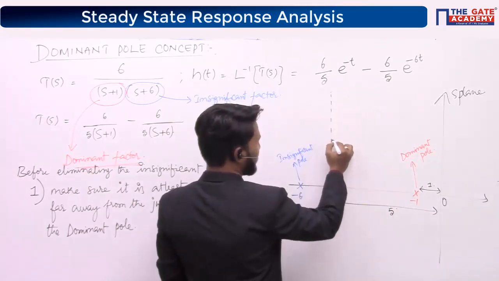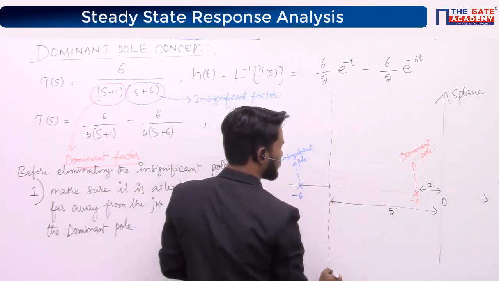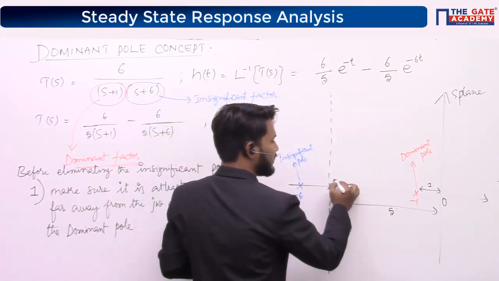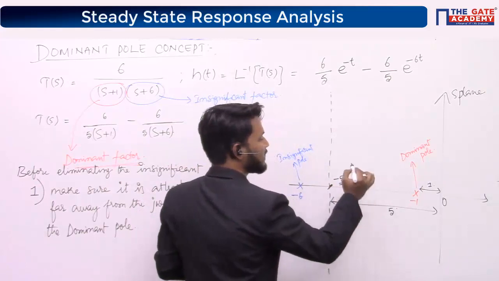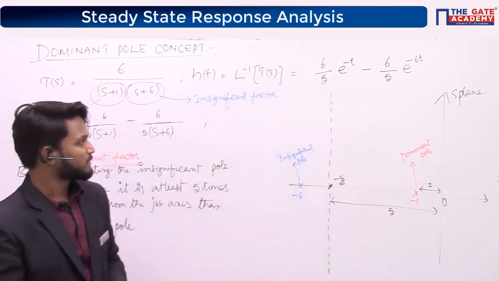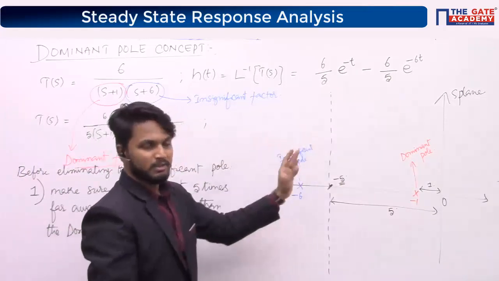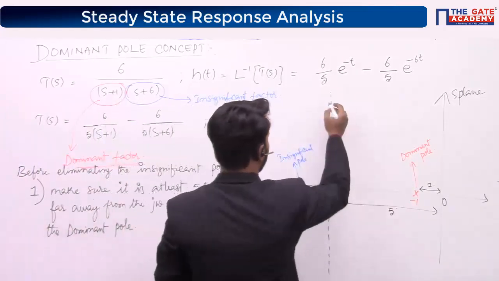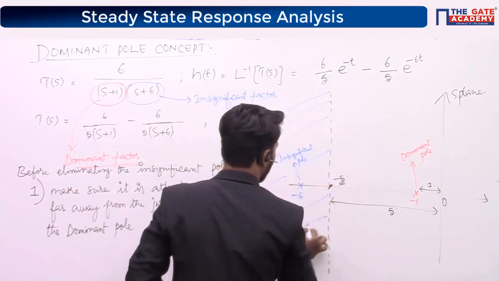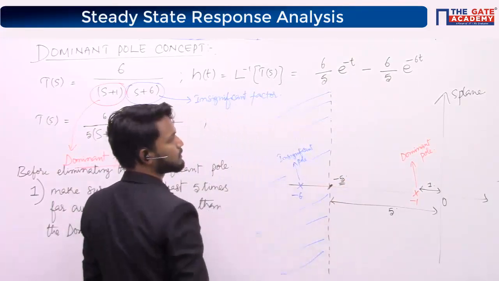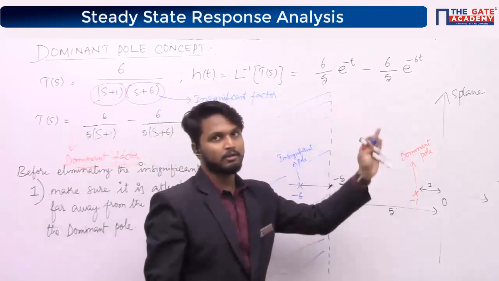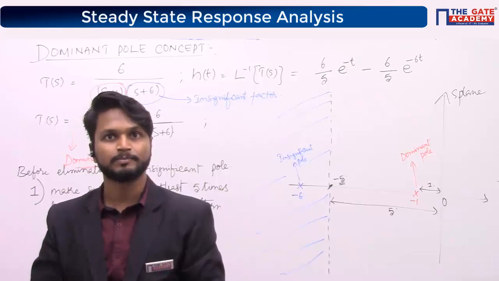So it must be at least 5 times far away from the origin, which means its real part should be less than -5. Poles which are lying in this region, to the left of this, are insignificant poles, right? Poles which are lying to the right of this, you cannot eliminate them, right?